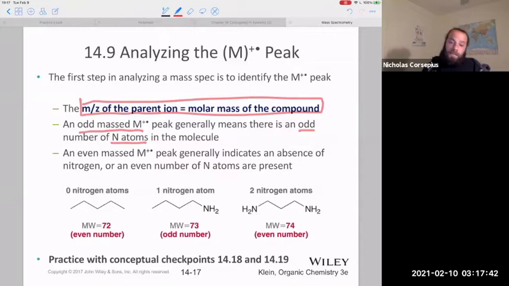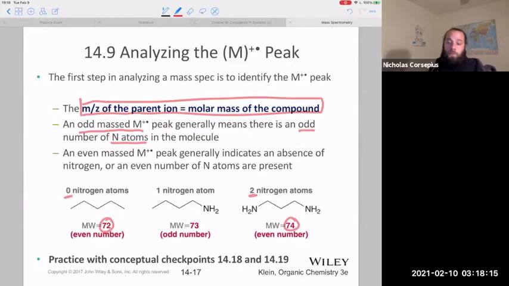Now, if you have an even number, you either don't have any nitrogen atoms or you have two nitrogen atoms. How do I tell the difference? If I told you that you had a saturated organic molecule that may or may not contain nitrogen, and it had a molecular weight of 74, you can play around with those numbers and determine that the only way you can add everything up is to have two nitrogens in there.